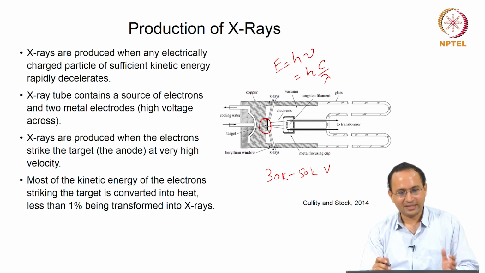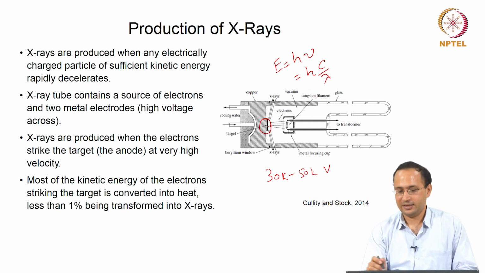That is how you generate X-rays. This is the schematic of an X-ray tube. You see a tungsten filament here, which is used to generate electrons, connected through a transformer, and there is a high voltage across anode and cathode.